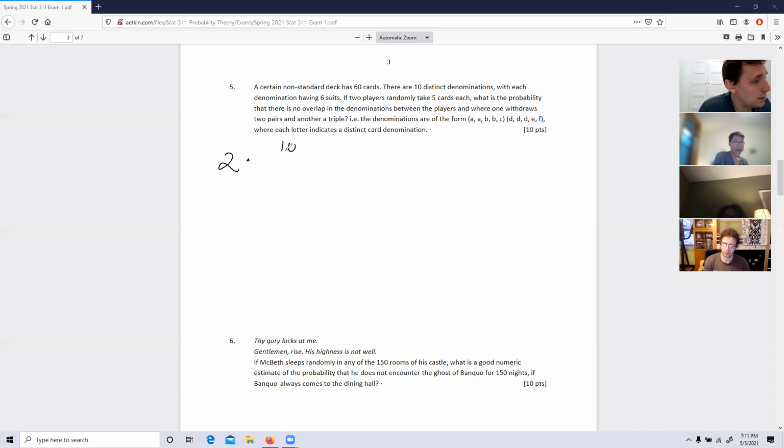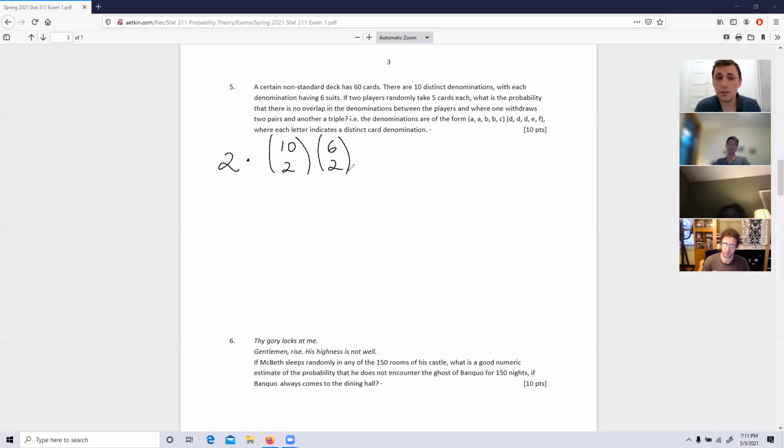So which is picked as the pair, and that would be 10 choose 2. Do you agree? You see where 10 choose 2 comes from, guys? Because 2 denominations for the pair. And then what are the suit values for those pairs? The suit values for the pair is 6 choose 2.